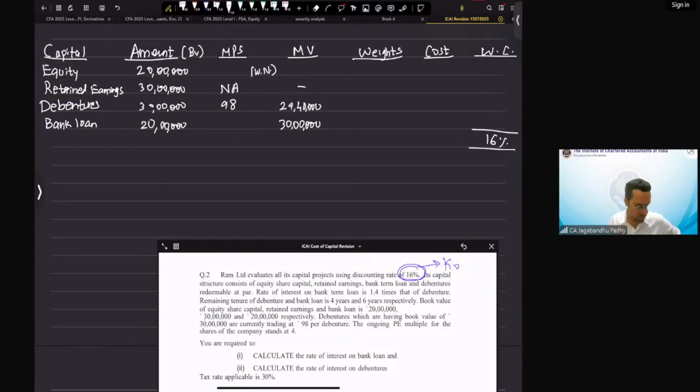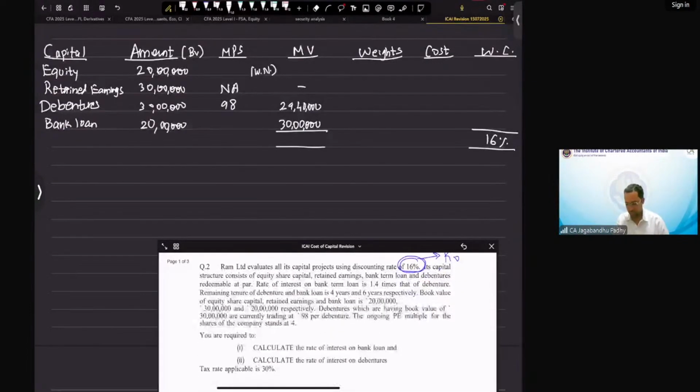So for that, I need to take the total of market values also. We have to calculate the rate of interest on bank loan and the rate of interest on debentures.